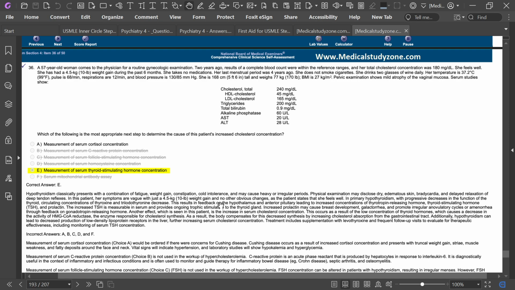Okay, hypothyroidism classically presents with a combination of fatigue, weight gain, constipation, cold intolerance, and may cause heavy or irregular periods. Physical examination may disclose dry, edematous skin, bradycardia, and delayed relaxation of deep tendon reflexes. In this patient, our symptoms are vague, with just 4.5 kg of weight gain and no other obvious changes, as the patient states that she feels well.